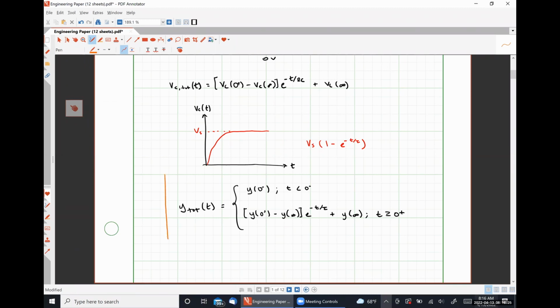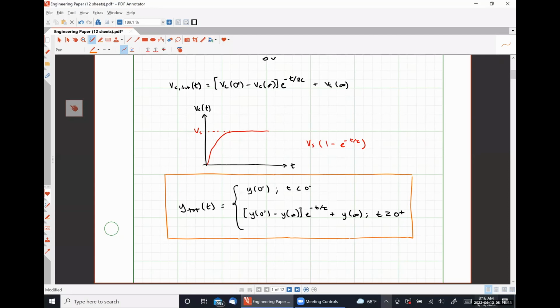So this is our generic equation that we can apply to any and every total response problem. We're going to do that shortly.